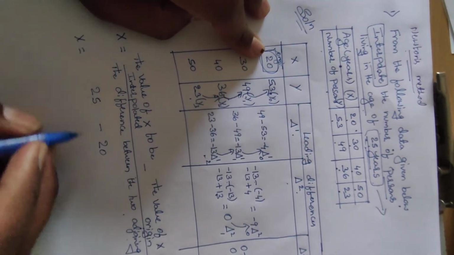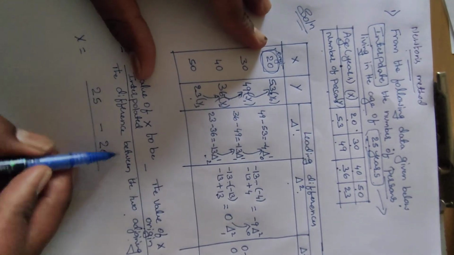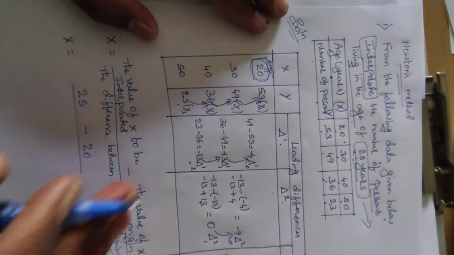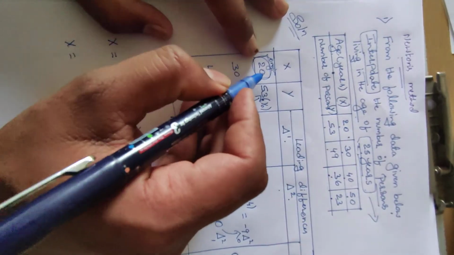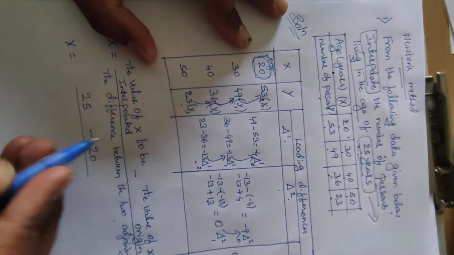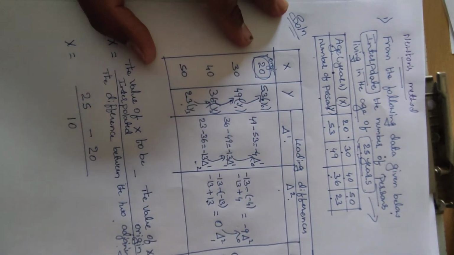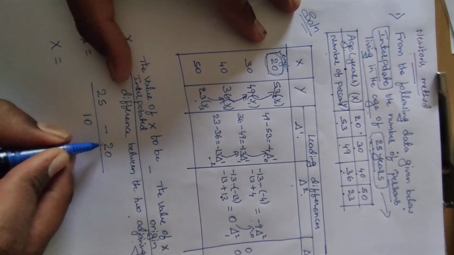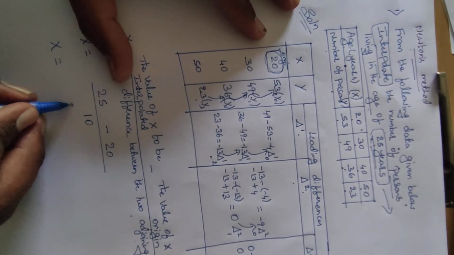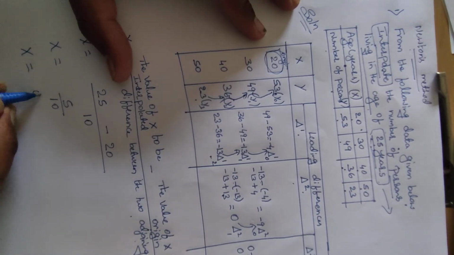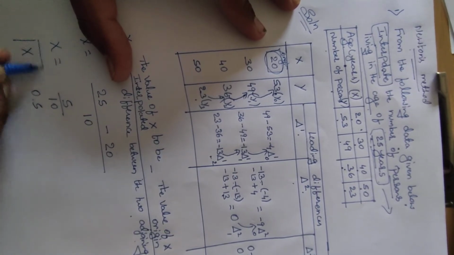Next, the difference between the two adjoining values of x: 20, 30, 40, 50. The difference is 10. So x is equal to 25 minus 20, that is 5, divided by 10. x is equal to 0.5.